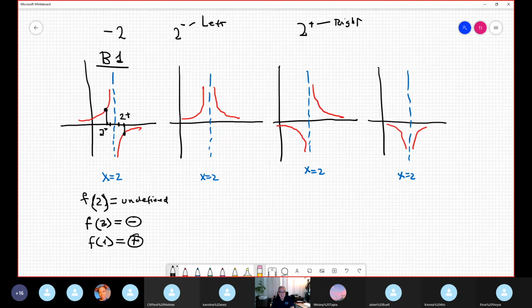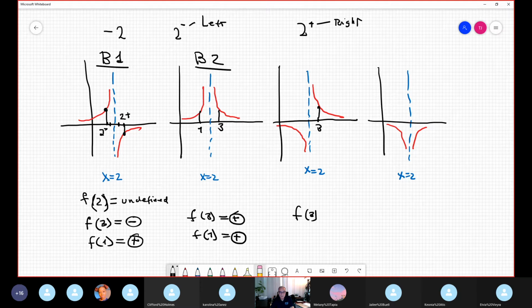Well, let's do exactly the same here, 3 and 1. But in this case, f evaluated at 3 is positive, and f evaluated at 1 is positive. So I know that the behavior looks like that. Behavior 2. In this case, f at 3 is a positive value. f at 1 is a negative value.